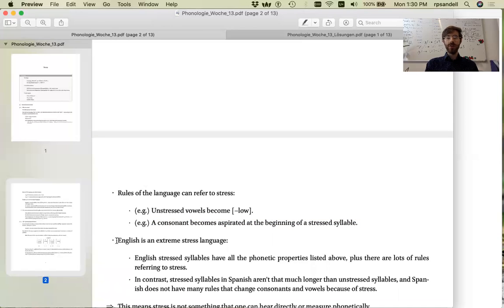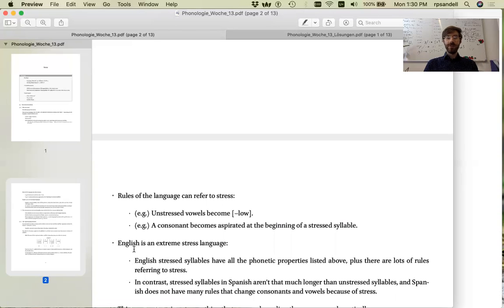And we can contrast the situation in English with the role of stress in Spanish, where there's not a lot of difference, for instance, in duration between stressed and unstressed syllables. And there aren't a lot of rules in Spanish that change features of other segments, that change features of vowels or consonants and so on, because of properties of stress.